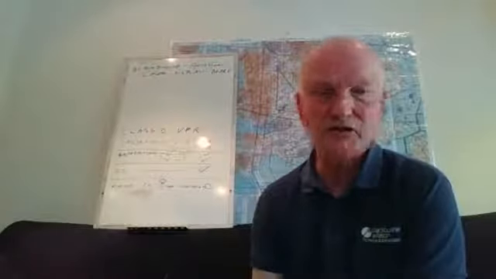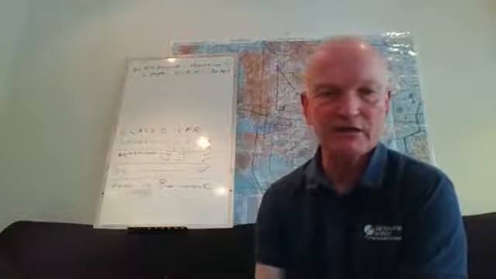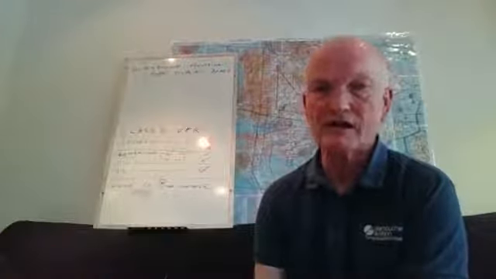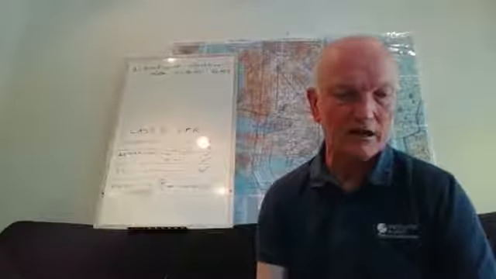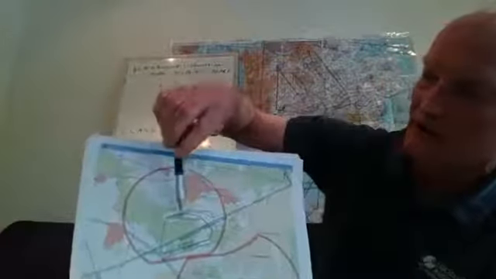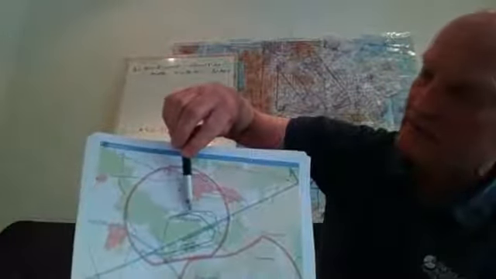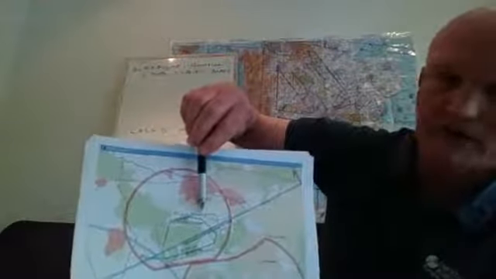Heading to the north, let's say you're on 07 and you want to head to the north, you can't turn left because of Yateley, so you will have to climb out in the Blackbush circuit. I'm going to have to look around the corner here. So there we go, we've got Blackbush, and I don't know if you know, but there is a 10-degree offset now to avoid Yateley when you take off from 07.